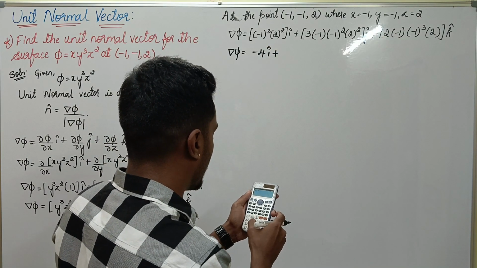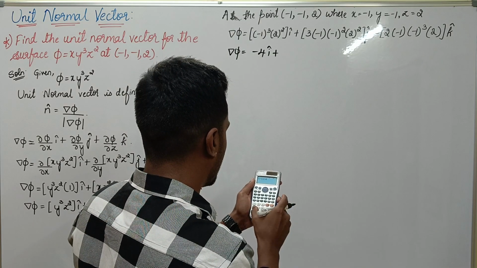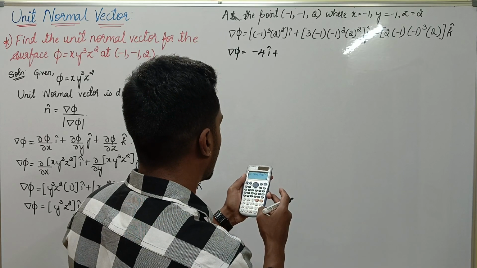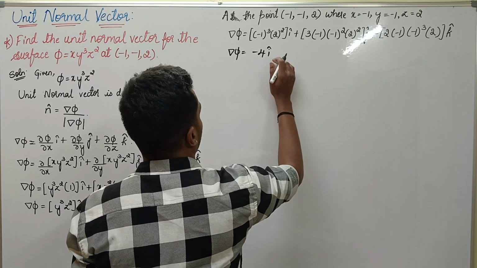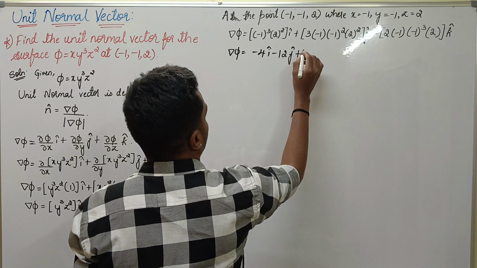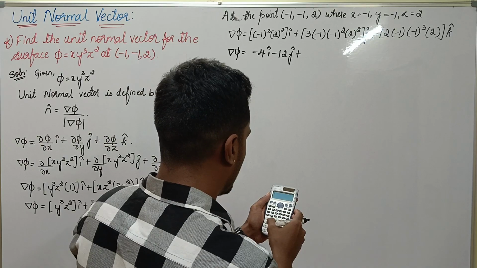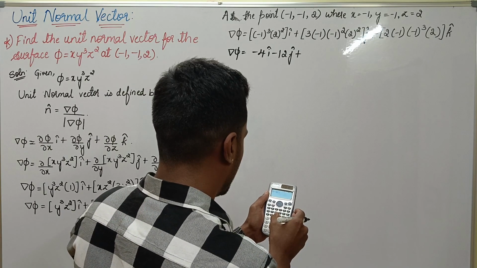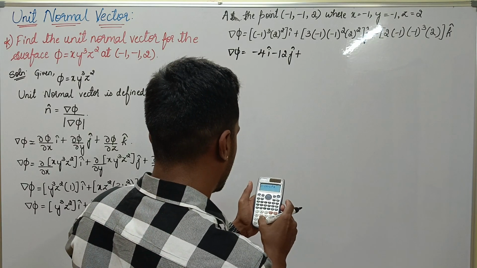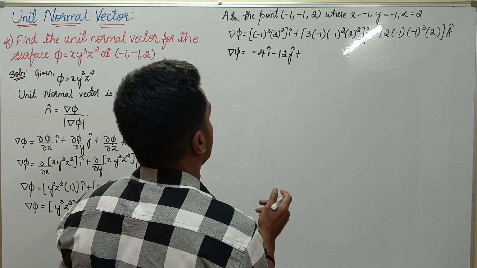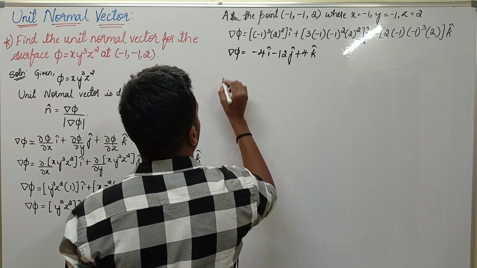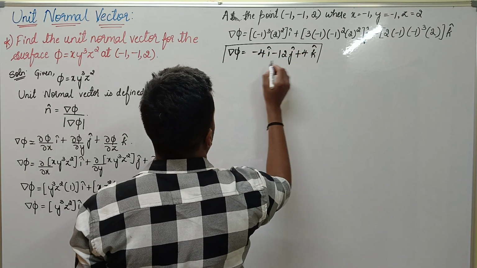Now 3 into minus 1 into minus 1 the whole square into 2 square, you get minus 12. So minus 12 j cap, plus, let us see. Again we have 2 into minus 1 into minus 1 the whole cube into 2, you get plus 4 k cap. Then this is our gradient phi.